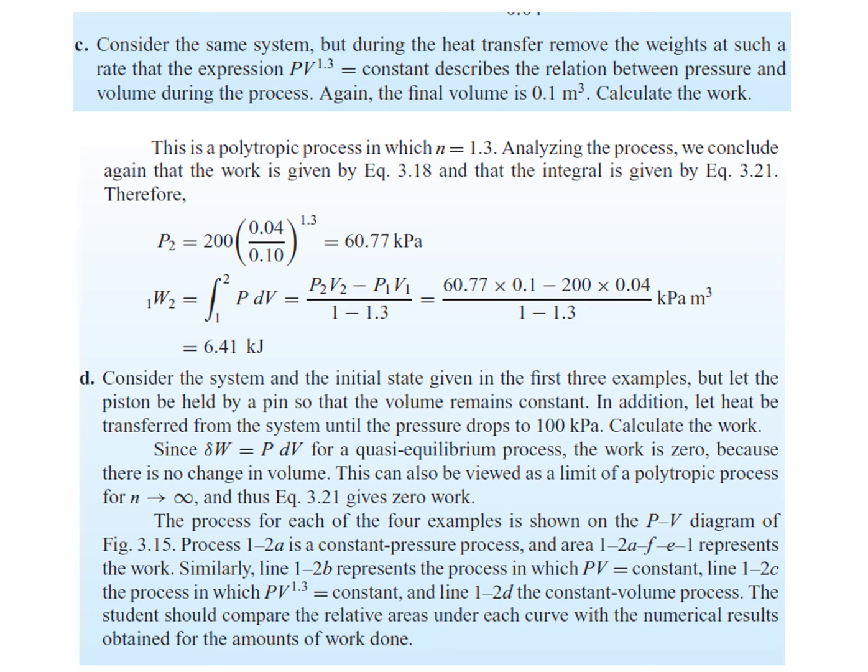So for the D part of this example, since the piston cannot move, the change in volume is 0. So the work is equal to 0. There will be no work when there is no compression or expansion in gases.